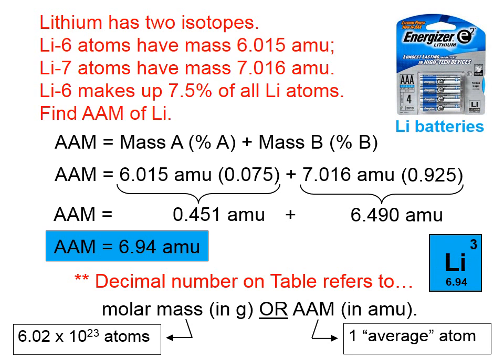So that decimal number on the periodic table has a double meaning. The table has been rigged so that it could refer to the mass of 1 mole of atoms, in which case the number's in grams, or 1 average atom of that element, in which case that number refers to AMUs.